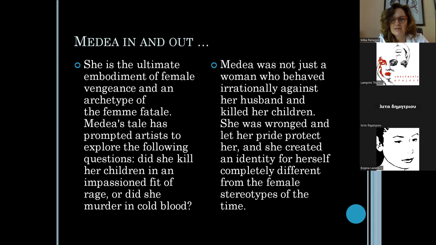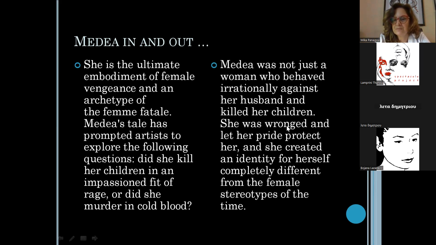It's deeper than that. And what we're seeing here, what we are reading, is not always what we abide with. We don't believe it, for sure. It's what they write about the play. It's very interesting how much controversy there is about this play. So Medea was not just a woman who behaved irrationally against her husband and killed her children.